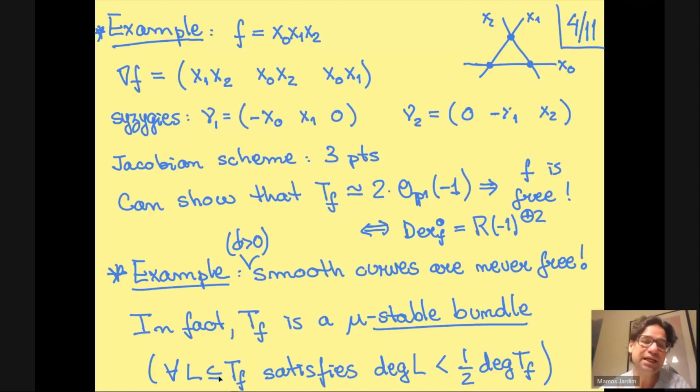It means that any line subbundle of the log sheaf has degree smaller than half of the degree of the log sheaf. So stability is a bound on the slope, or the degree, of line subbundles.